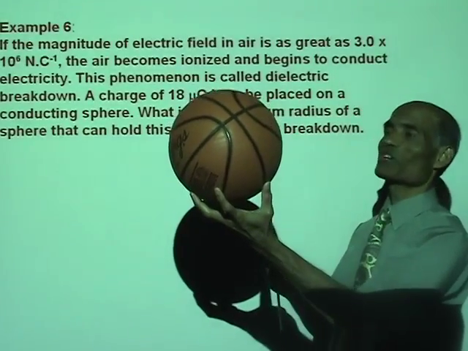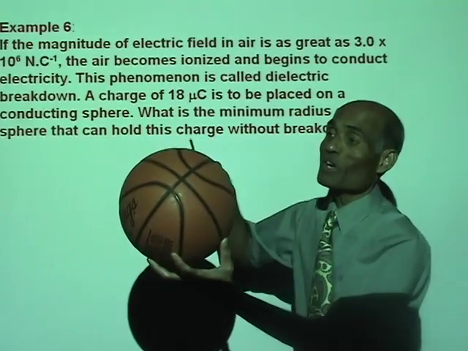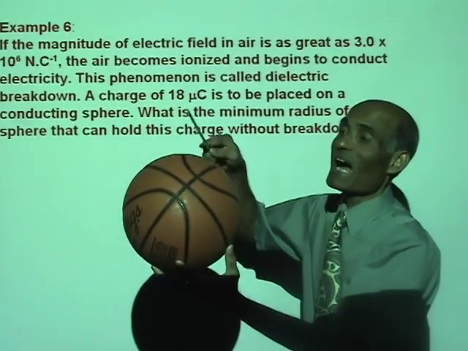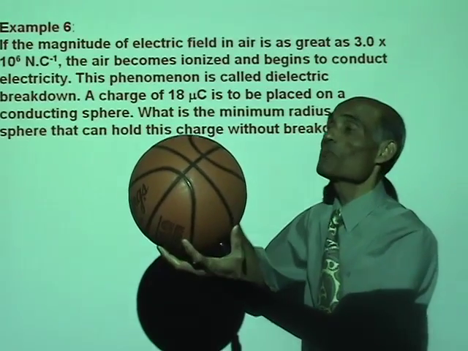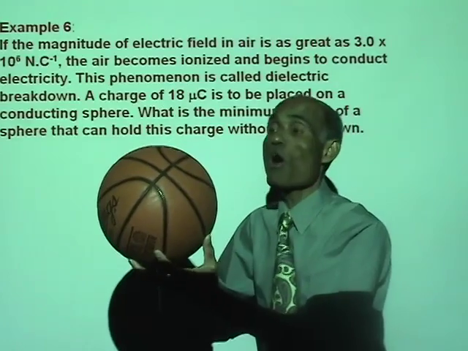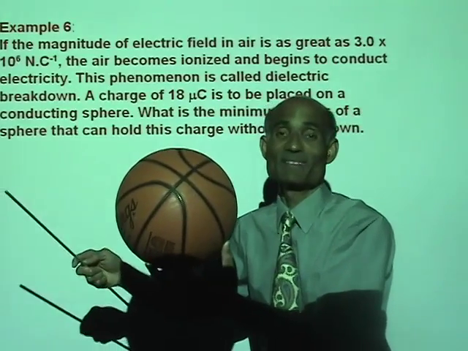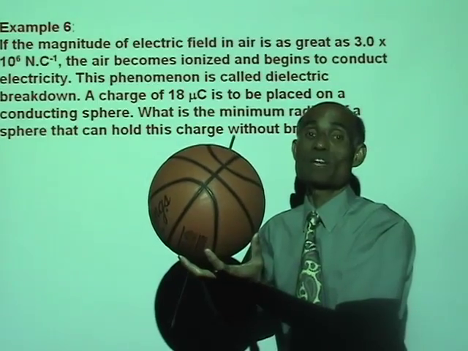Suppose this is a spherical conductor that carries a charge Q. What is the electric field at its surface? The electric field at any point at its surface is KQ over R squared, where Q is the amount of charge and R is the radius.